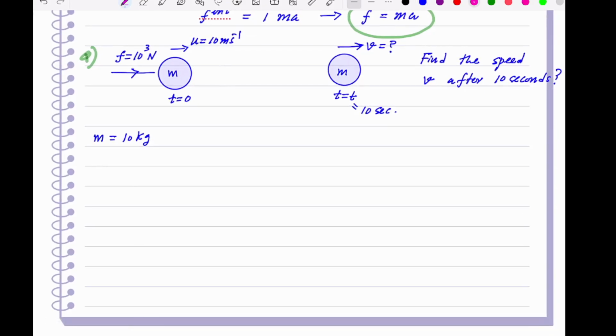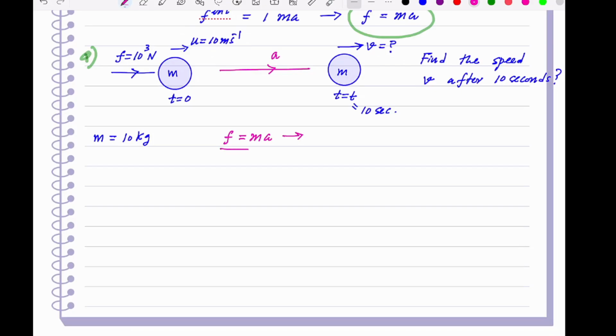Now you understand there is an external force and the mass is given. If there is an external force and a mass, there is acceleration. From initial to final, there is acceleration. Due to that acceleration, there is a speed difference. That physics you understand.